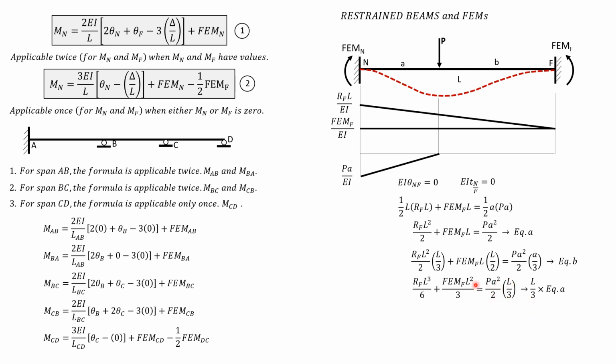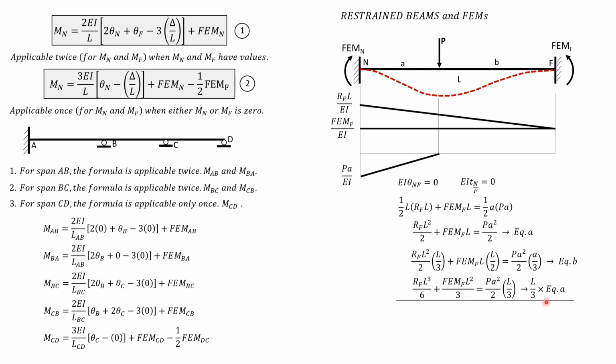That's the result when we multiply L over 3 to equation A. This term is similar to the term in equation B, so we can eliminate RF L cubed over 6 by subtracting this equation from equation B.